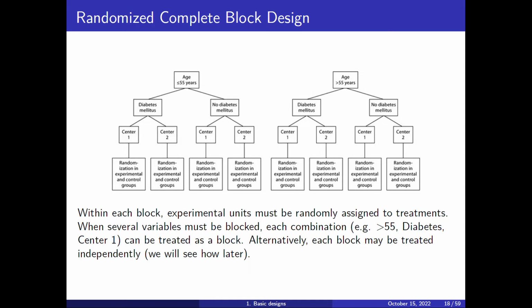So part of the variability is caused by the center, the diabetes and the age. Once you have homogeneous groups with respect to the center, diabetes and age, then that is where you randomize. So within each center you randomize into control and treatment groups.